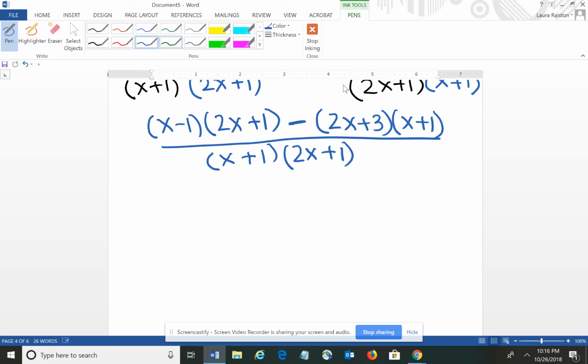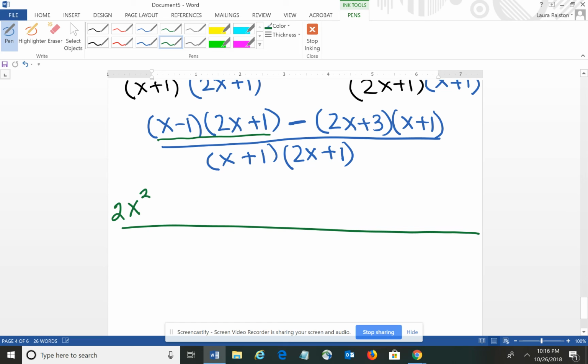In order to do that, I'm going to multiply these polynomials together, and I'm going to do x minus 1 and 2x plus 1 first, again using the FOIL technique. So I have 2x squared plus 1x minus 2x minus 1. And then I have the minus sign.